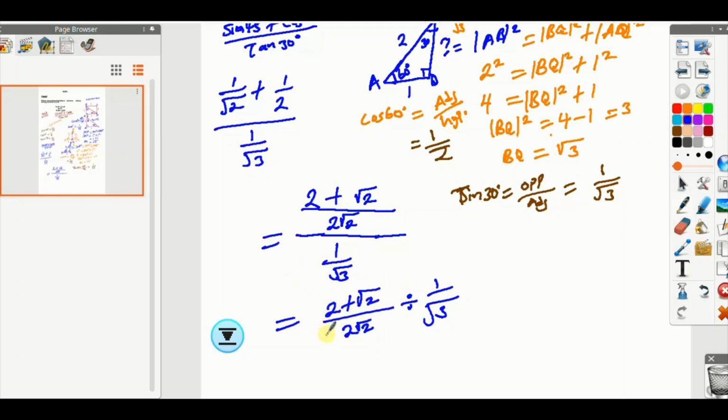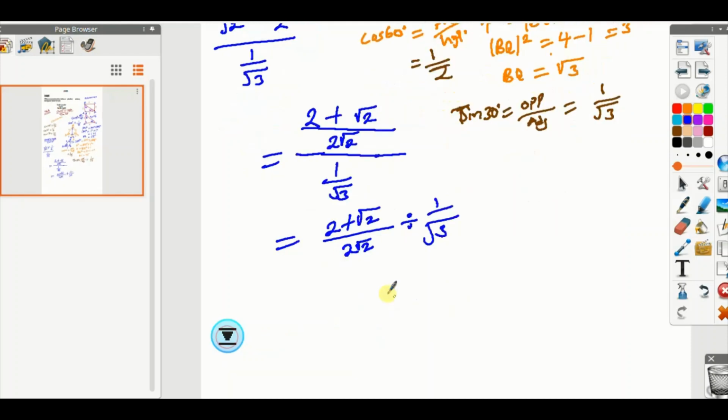From here, let's rationalize this. For the first one, the numerator, we are still dealing with the numerator, right? I want you to understand that this numerator has a denominator. This very value here, you have a numerator and you have a denominator. So we are still dealing with it first.